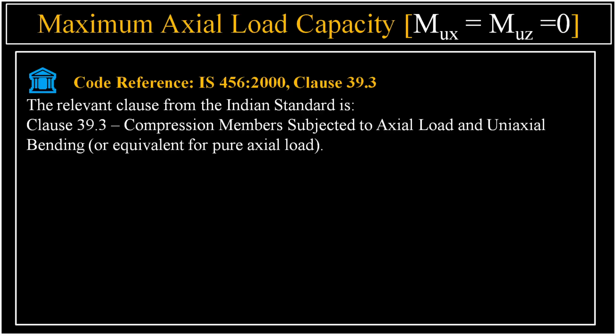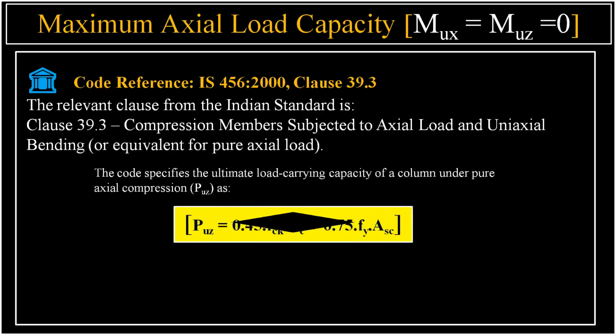Before starting the derivation, it is important to understand the code reference. Our calculations are based on the Indian Standard IS 456:2000, specifically Clause 39.3, which deals with compression members. Theoretical capacity.